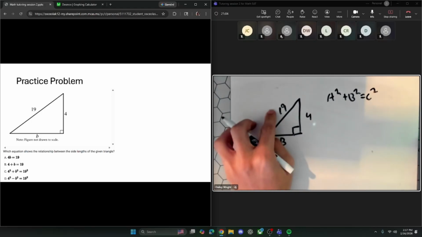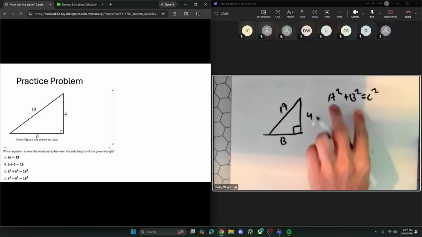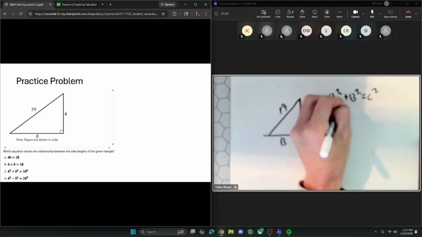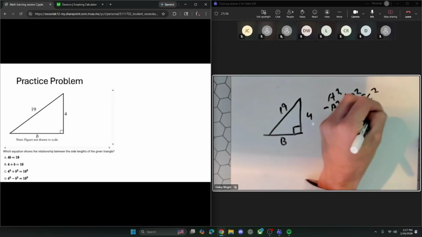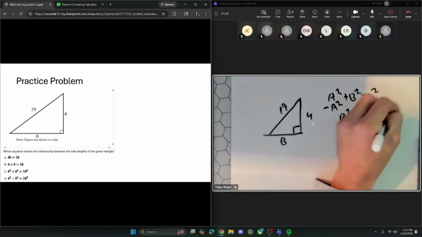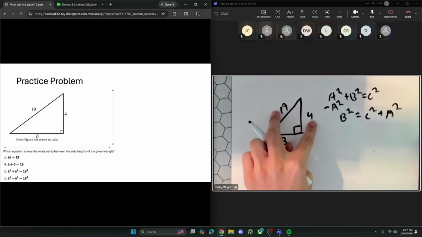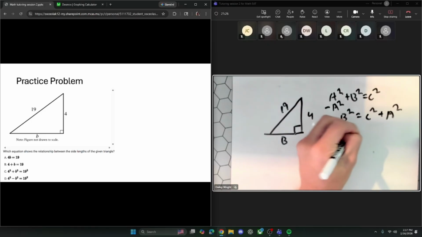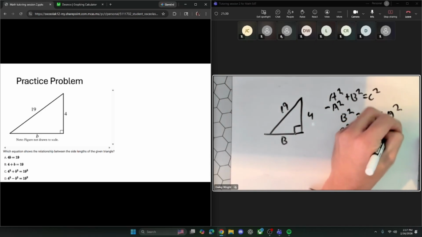C squared is always your hypotenuse, so we know that b is going to be one of these side lengths. So subtract over a squared since they already have it labeled as b. So b squared equals c squared plus a squared. And then plug in c and a, which is going to be your 4 and 19, your other two side lengths. B squared equals 19 squared plus 4 squared.